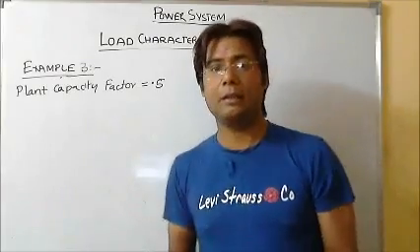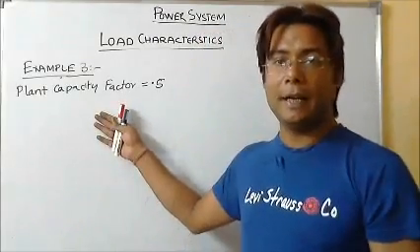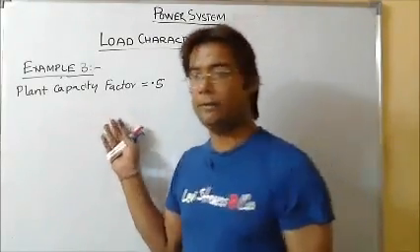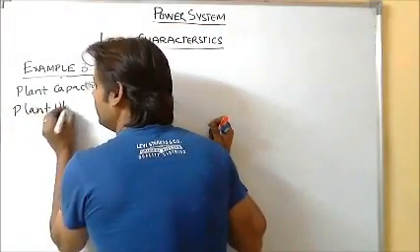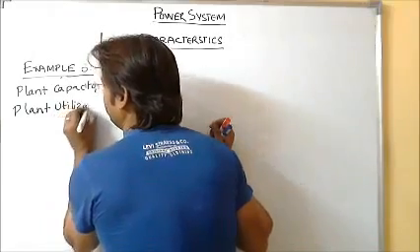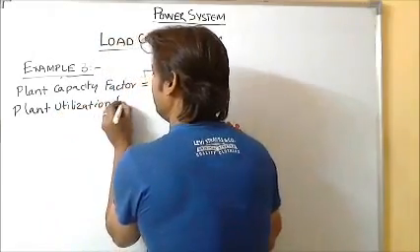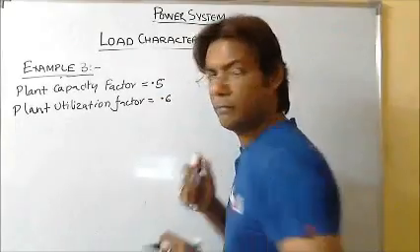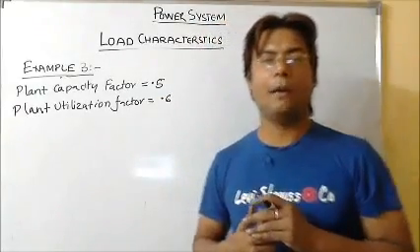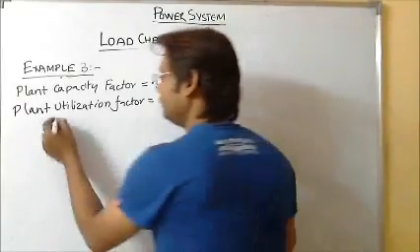Now coming to example number 3, the plant capacity factor is 0.5, and the plant utilization factor is given as 0.6. So you have to find the load factor.